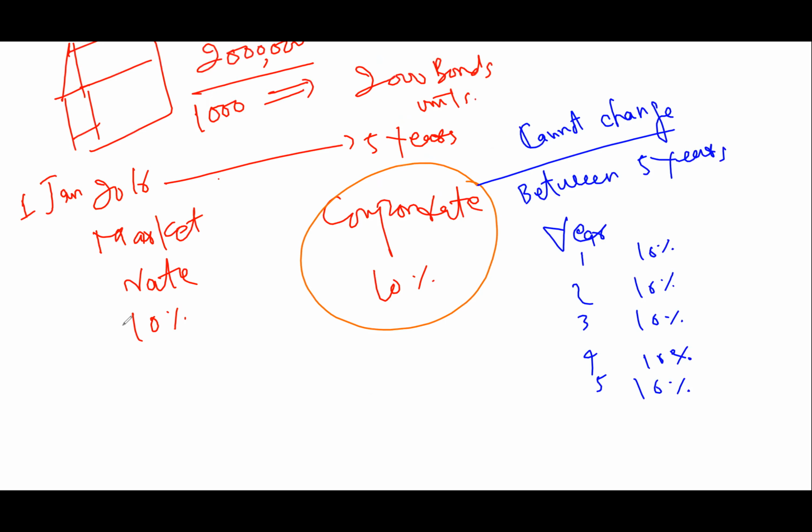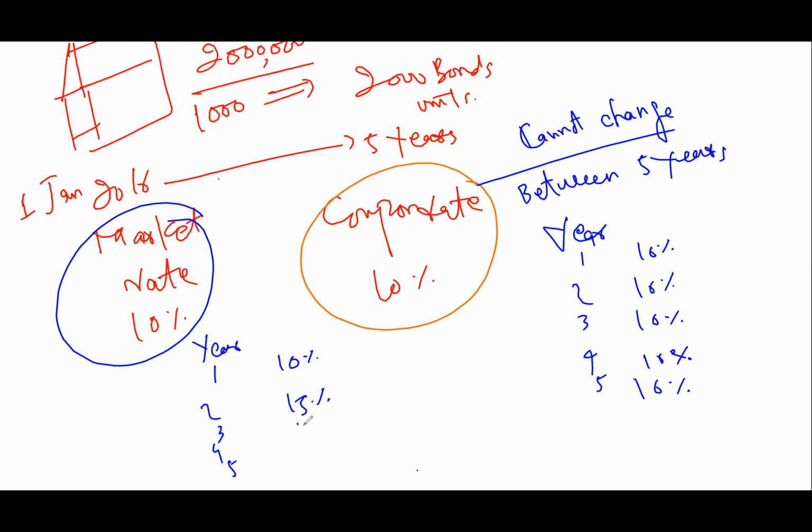But do you think that the market rate is going to stay the same? No, it's different. The market can be year 1 at 10%, year 2 at 15%, year 3 at 17%, again 12%, and then 8%. Right?